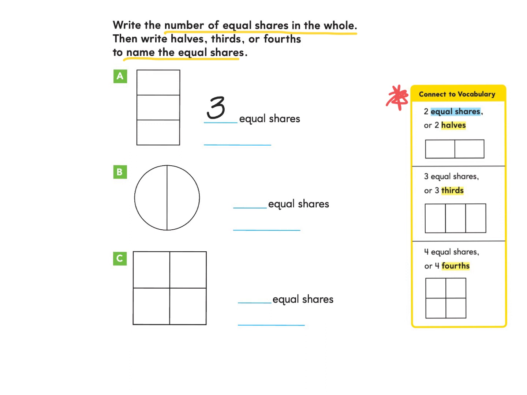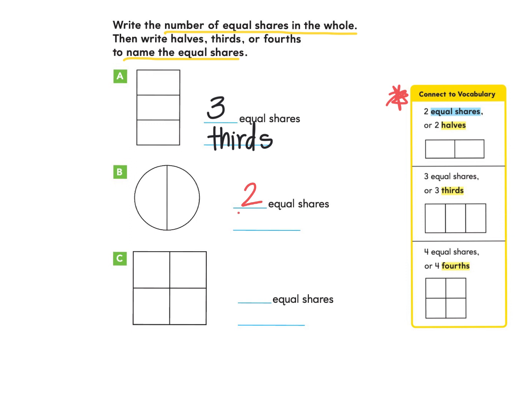What do we call 3 equal shares? What can we name this? That's right, we can name this thirds. Let's write that in. Okay, let's take a look at part B. Part B has a shape that has 2 equal shares. Let's go ahead and write that in. What do we call 2 equal shares?